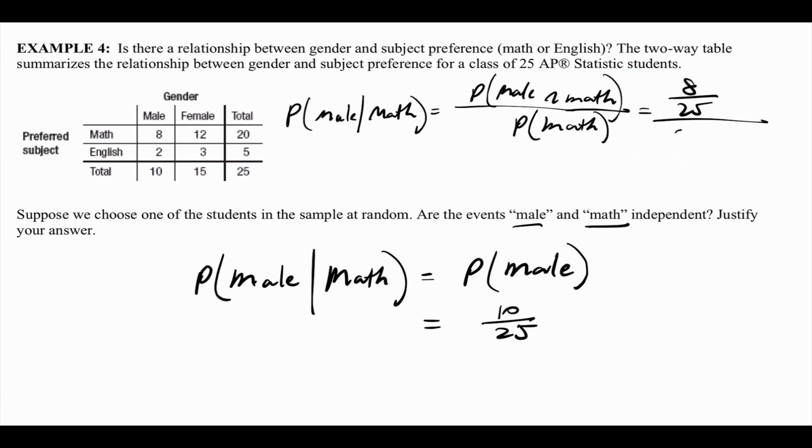Math total is 20 out of 25. Keep, change, flip. We get 8 out of 20.